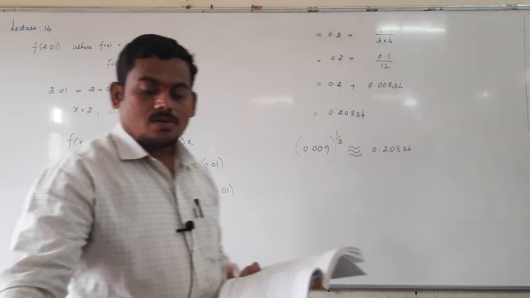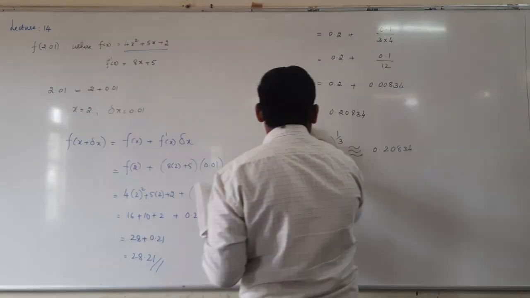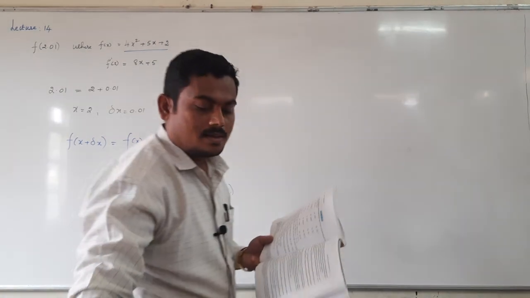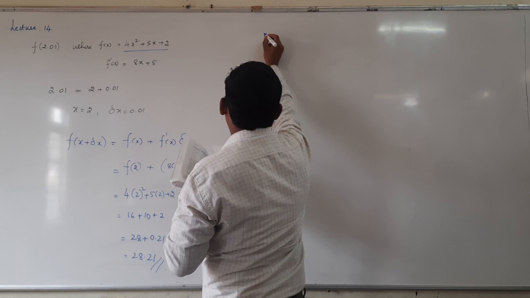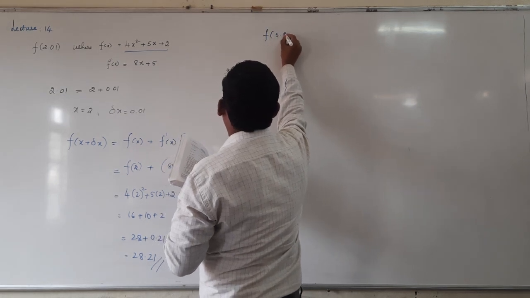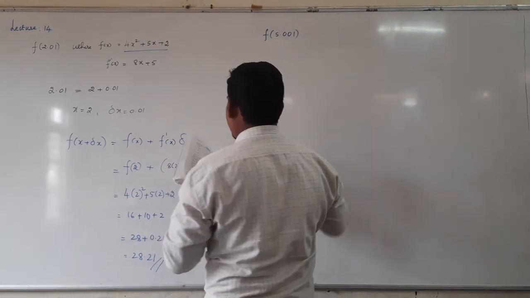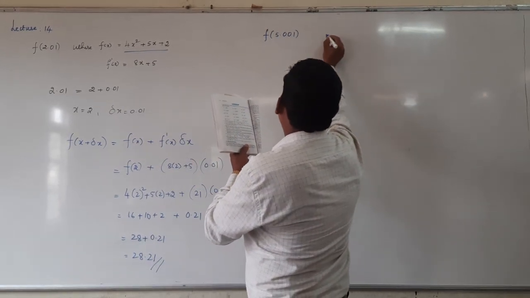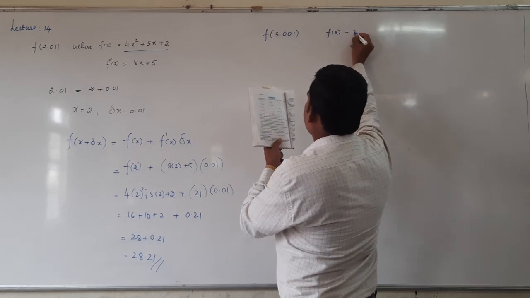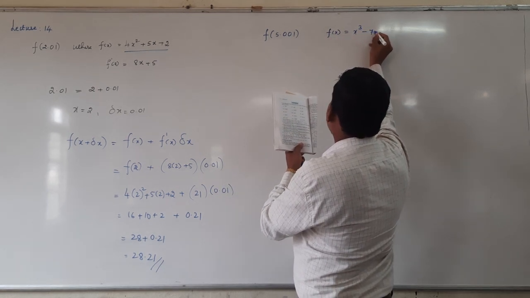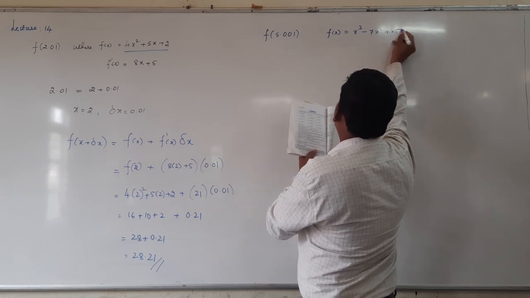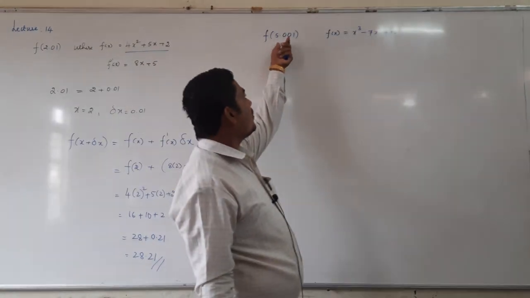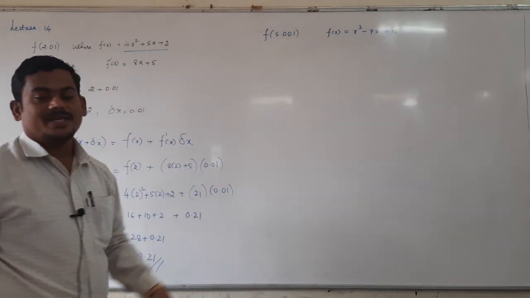Next question, find the approximate value of f of 5.001, where f of x is equal to x cube minus 7x square plus 15.